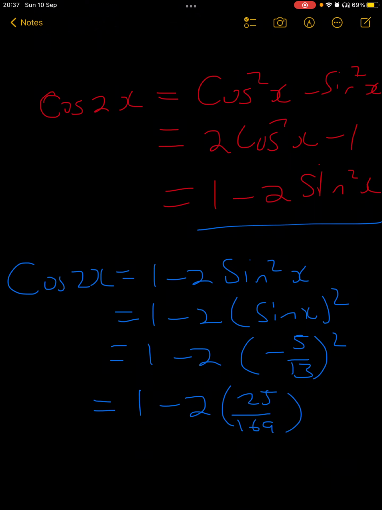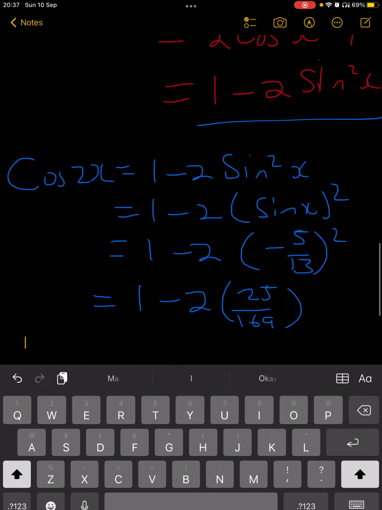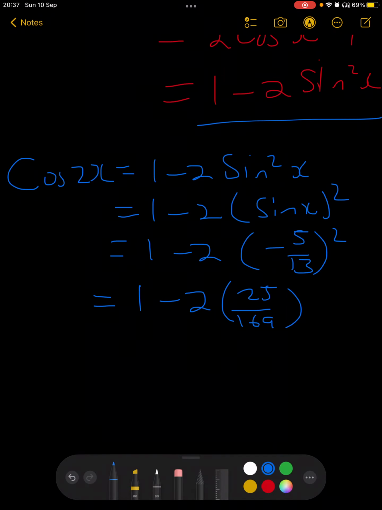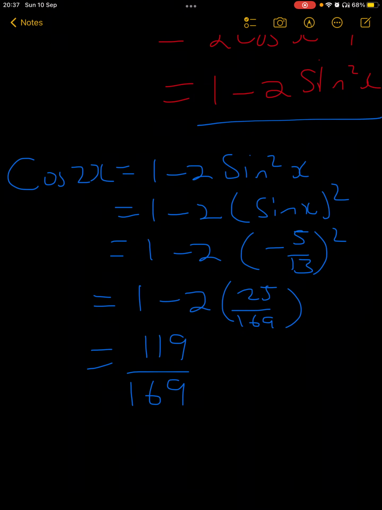So the answer here, I know we are disobeying the rule that has been given by the question, will be 119 over 169. Otherwise, you'd have to do your normal fraction. Okay, let us get to the second question.